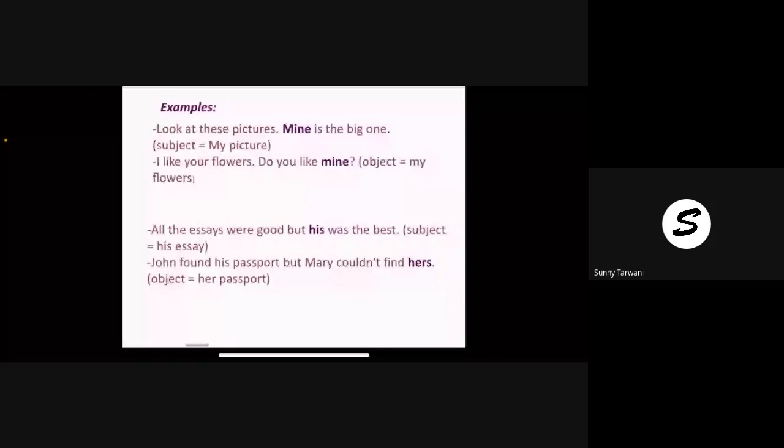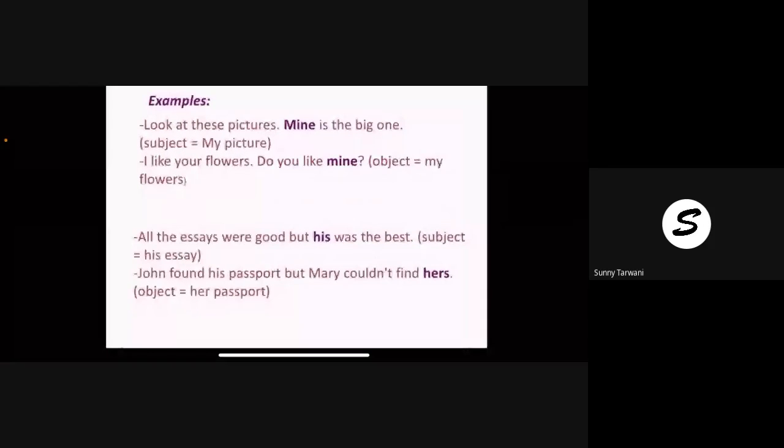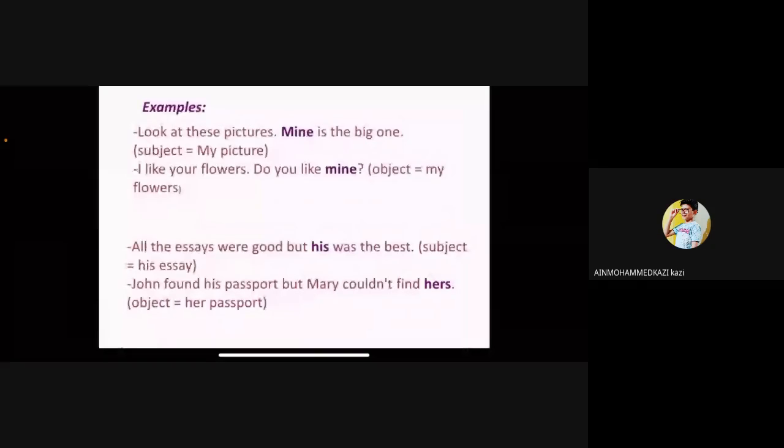Now continue. Examples. Look at these pictures. Mine is the big one. Subject, my picture. I like your flowers. Do you like mine? Object, my flowers. All the essays were good, but his was the best. Subject, his essay.